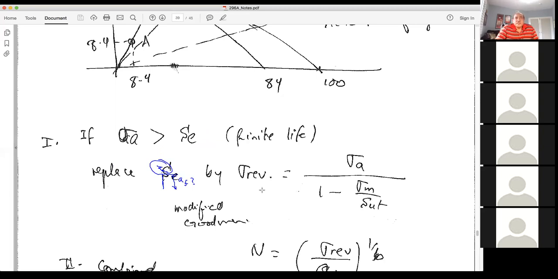The equivalent fully reversed is the alternating stress, but it is divided by 1 minus sigma m over S ultimate.